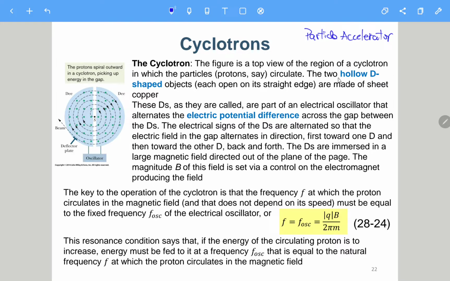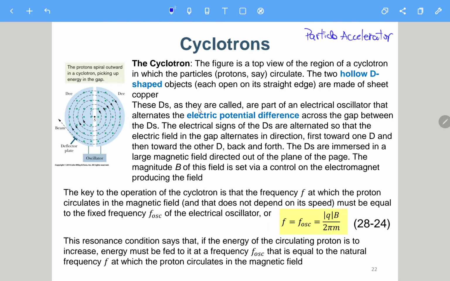And then the two half D-shaped objects are made of sheet copper. So this looks like a full circle, but actually we split it apart a little bit. So this is two half D shapes, and S is the source.